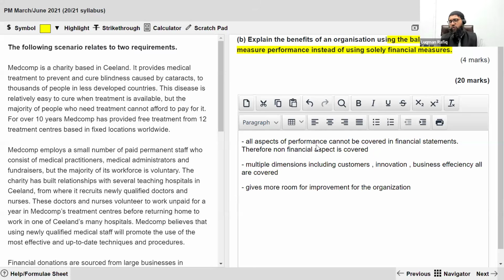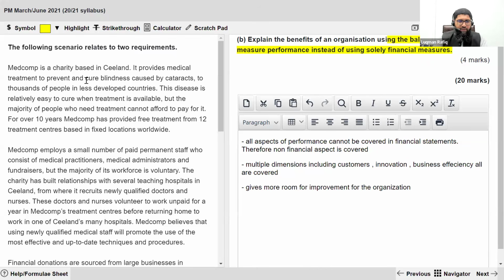So now what you would have to do is explain each one of them. Do you understand this? Do you all understand this? Right? Okay, so we are done with this question.